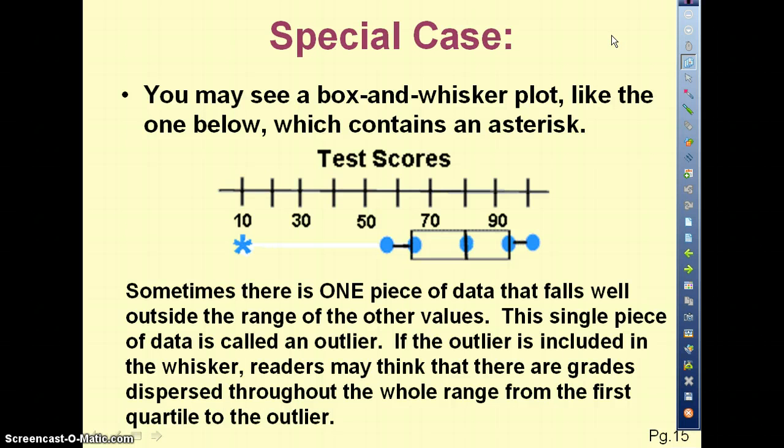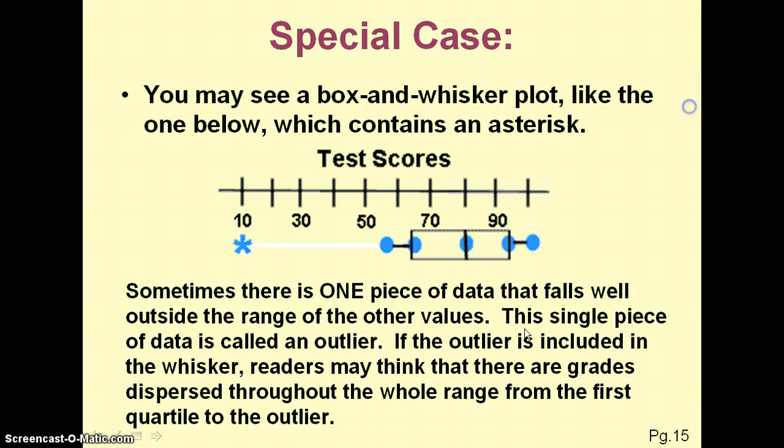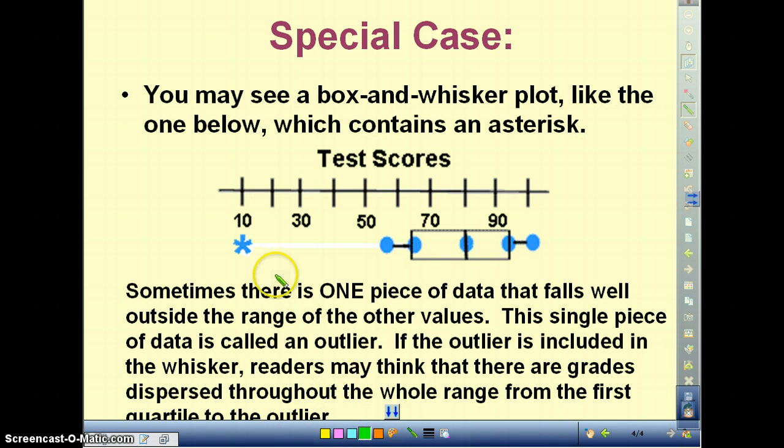Here's a special case. You may see a box and whisker plot like the one below, which contains an asterisk. Do you see this guy right here? That little asterisk? Sometimes there is one piece of data that falls well outside the range of all the other values. This single piece of data is called an outlier.